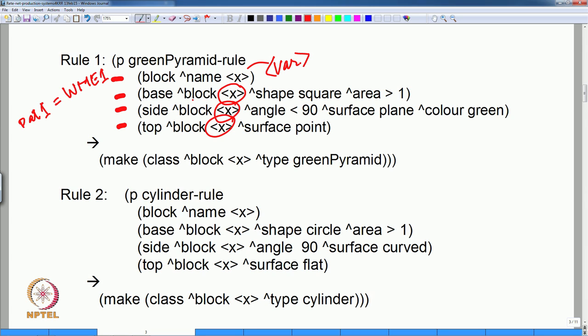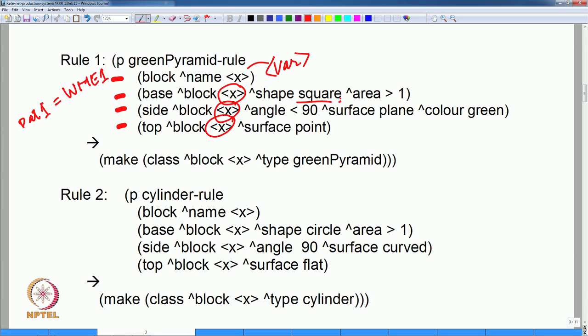Then the second pattern says that the type of that working memory element is base, and we are talking about a block whose name is x. So, we are not naming it x, but the attribute name here is block, whose shape is square. Now, this square is a constant, it is not a variable because it does not come in angular brackets.